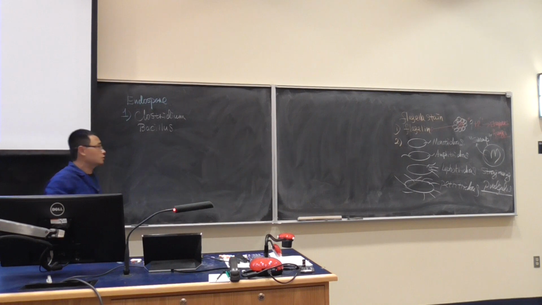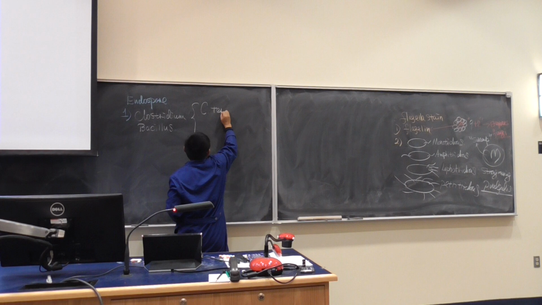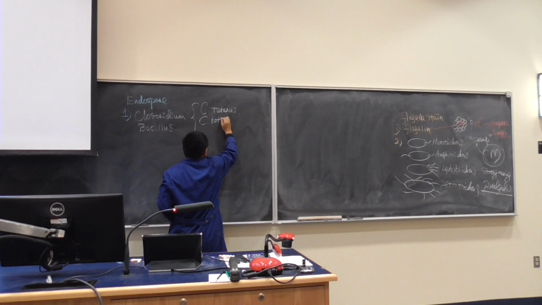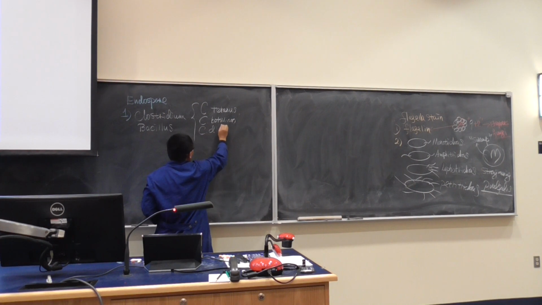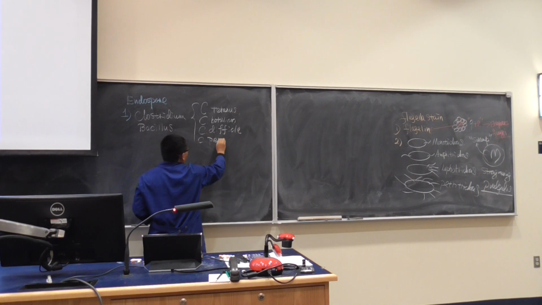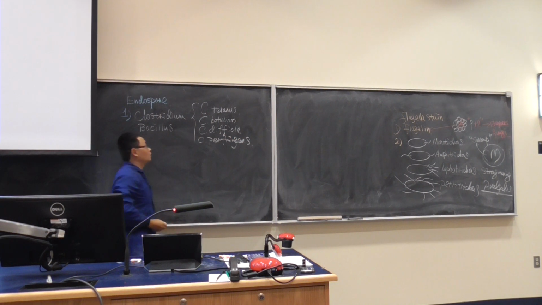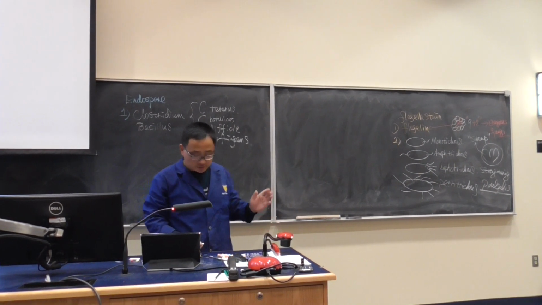The Clostridium we will talk about in this class later on are Clostridium tetani, Clostridium botulinum, Clostridium difficile, and Clostridium perfringens. We will talk in great detail about all of them, the characteristics and the diseases associated with them, in the examination too.